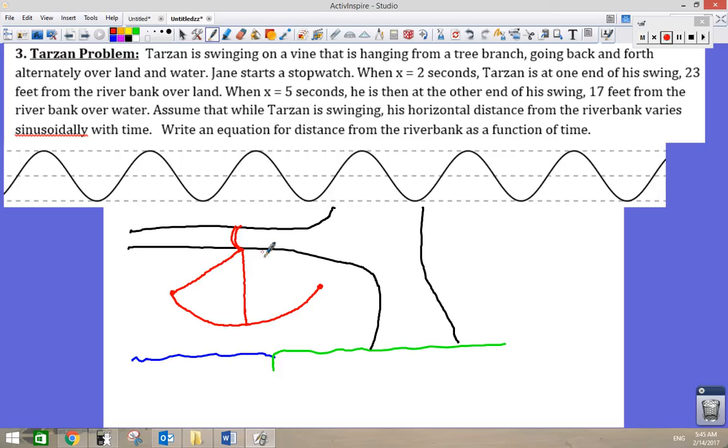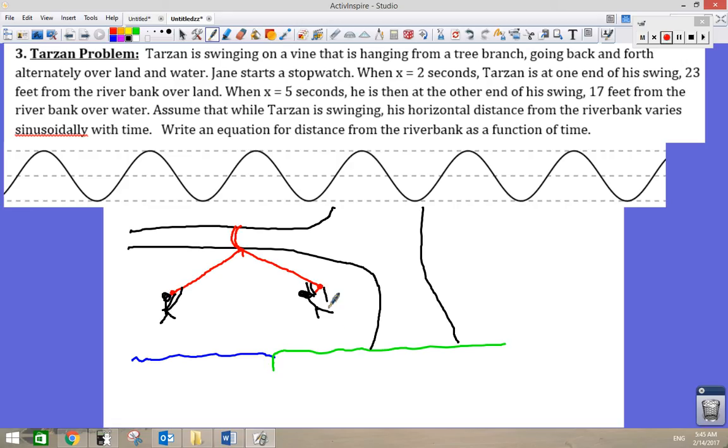So, alright, we've got Tarzan that's swinging back and forth on this vine.